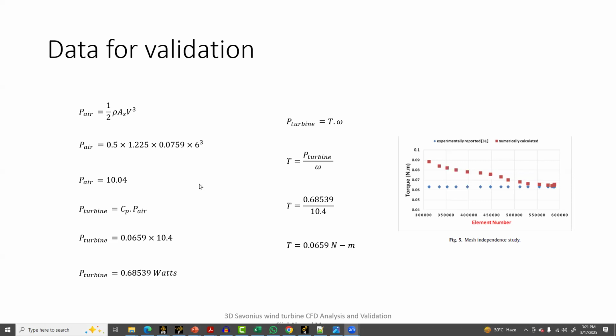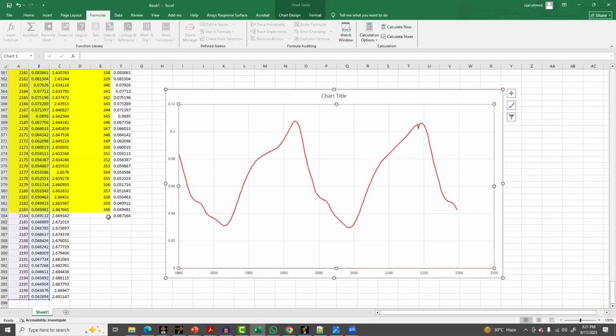The formula is given, and I will be showing you the other formulas. From it, I got the wind turbine power. From the wind turbine power, I use the formula T times omega, torque times omega, and I got the torque value. So the torque value through reverse engineering is 0.0659, and when I got data from the CFD, the value is 0.067.